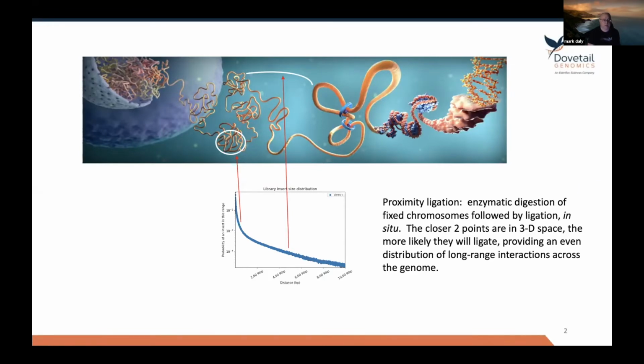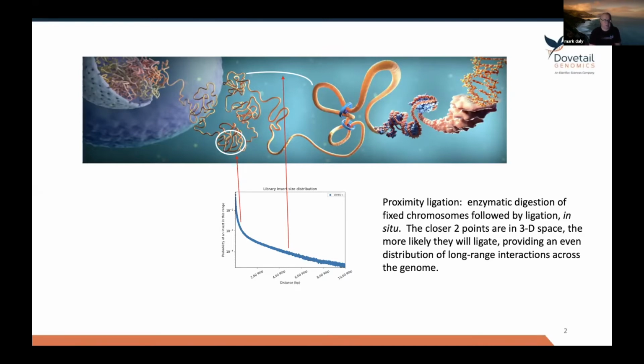And you can see here, this is obviously a cartoon of a chromosome, and when we chop up a chromosome and religate it back together, there are points on the 3D chromosome that are closer together and more likely to ligate than others.